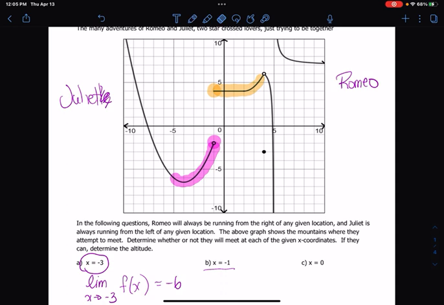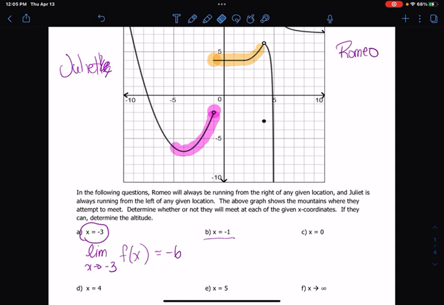So in this case, I could write something like, there's not enough room, the limit as x approaches -1 from the left, so a little minus sign means from the left, of f of x is, from the left, that's Juliet, and she lands at -2.